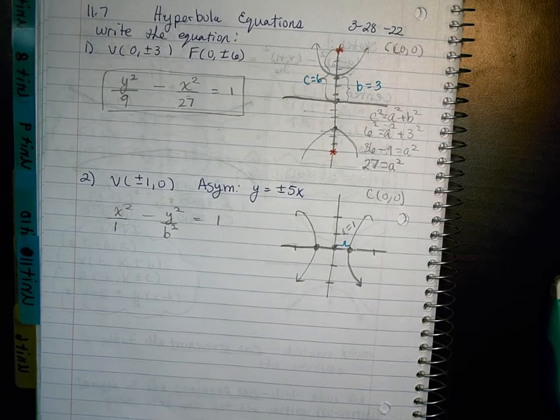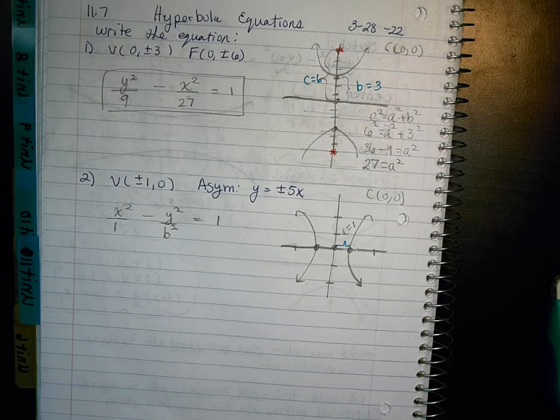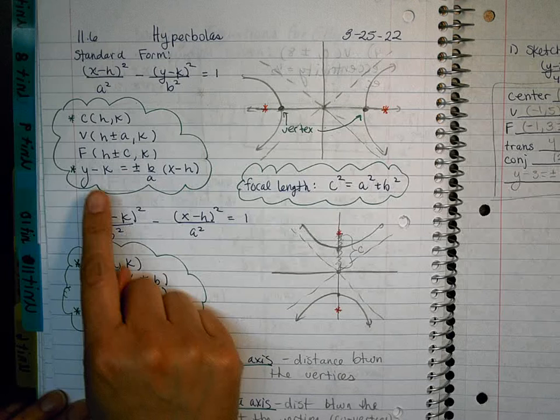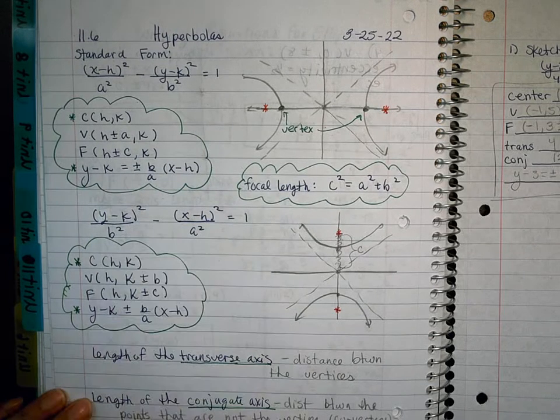Now, I usually find the missing A squared or B squared using my focal length formula, my C squared formula. But that was when they gave me the focus. Did they give me the focus? No, or the foci. They didn't give me the foci. So I'm going to use the equation of my asymptote. Do you guys remember the equation of your asymptote? Right here. Yeah, y minus k.